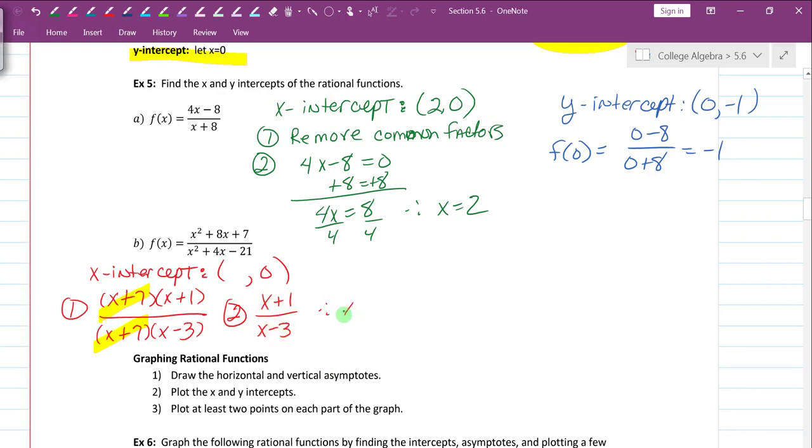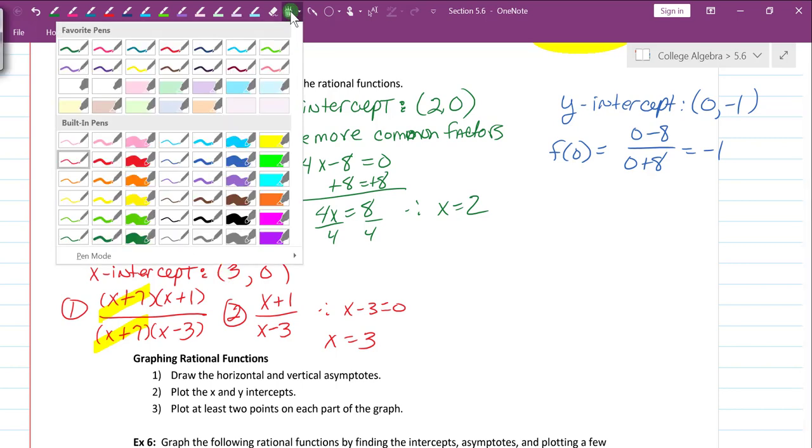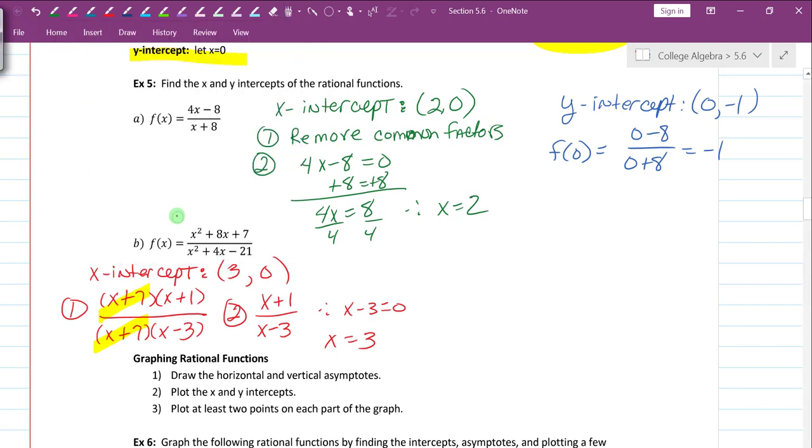Therefore, we're going to take x minus 3 equal to 0. x is equal to 3. So that is our x-intercept. Now we need to solve for our y-intercept. We're going to have a point (0, something). I don't know what that something is yet. In order to solve that, we're simply going to substitute in the number 0 for x wherever it occurs.